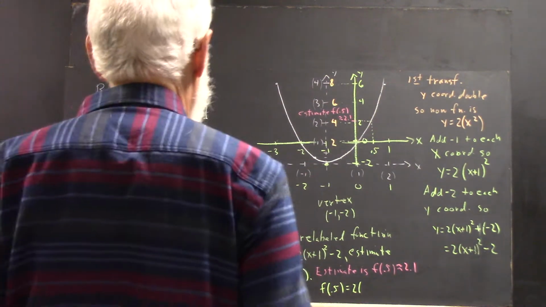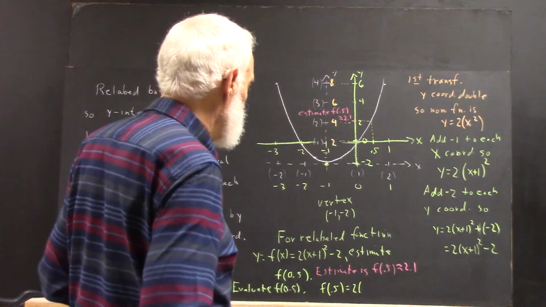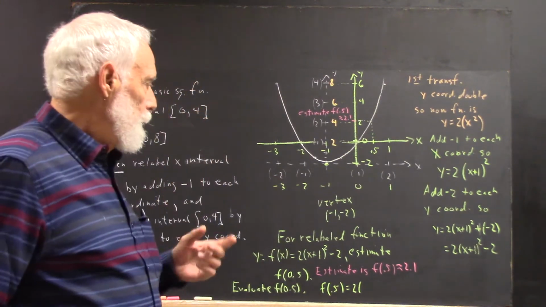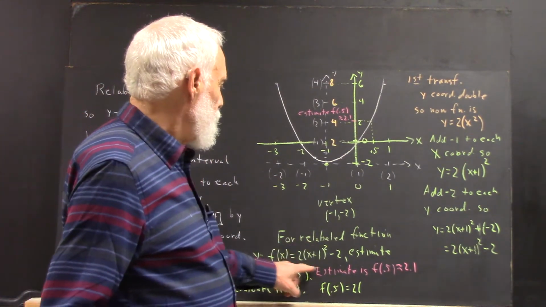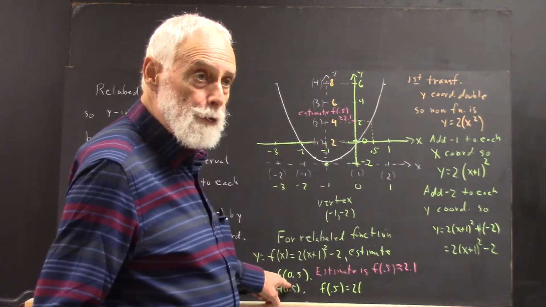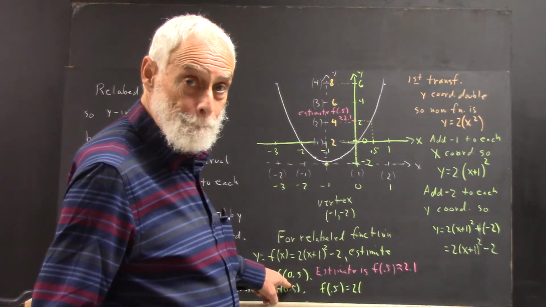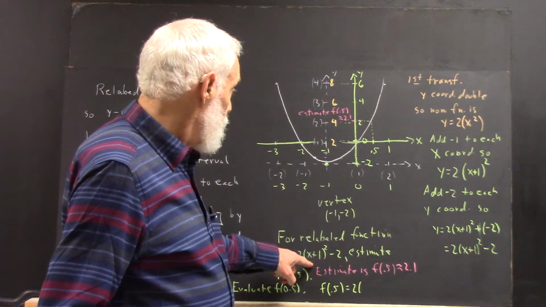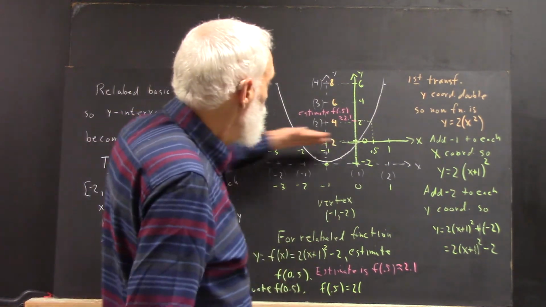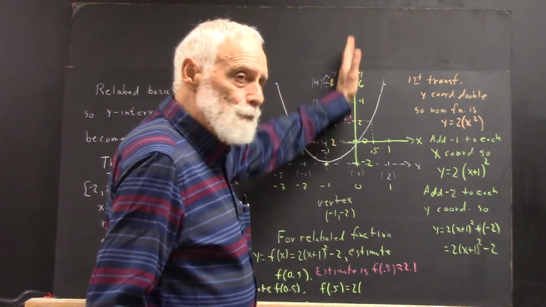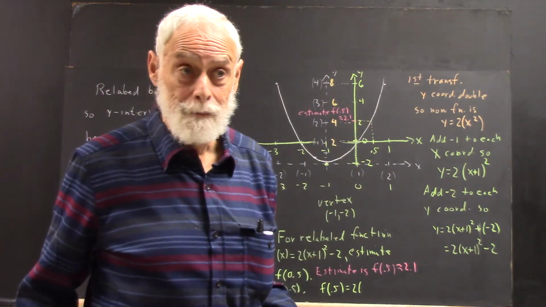Okay, now what we just did, I didn't have the camera on, so I kind of have to recap it. The question is, for the relabeled function, we want to estimate f of 0.5. The relabeled function is the function where we read our numbers off of the relabeled x and y axis.